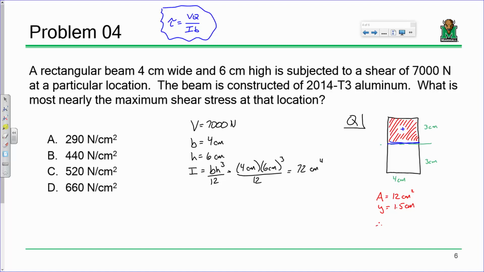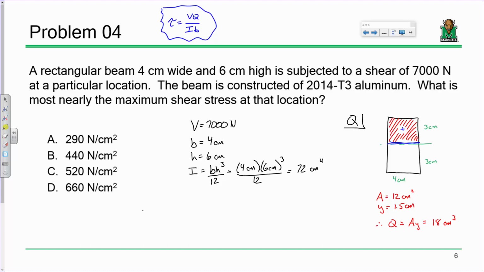And so therefore, Q is A times Y. Right? So if here was my cross-section, there's my centroid, and I wanted the shear stress right here, it would be that area times that distance. If I wanted the shear stress here, it would be that area times that distance, which is why it's the biggest at the middle, okay? Because it's the biggest area and it's the biggest distance.